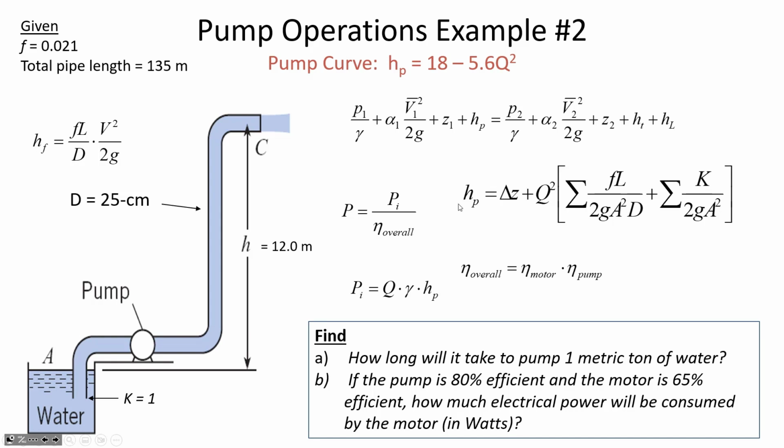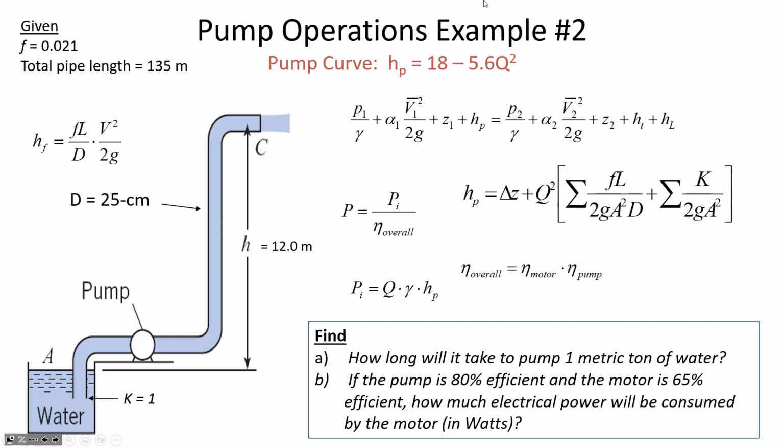So here's the general form of the system curve. You're given the f, the pipe length, we know the diameter, the delta Z you can see is 12 feet. There's just one K, a K value of 1. So use the data from the figure and what's given here to set up the system curve, and then set it equal to the pump curve.